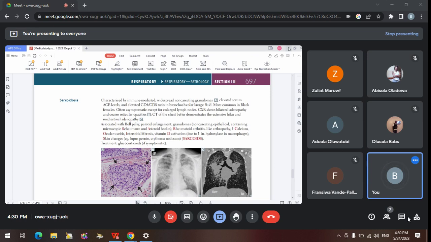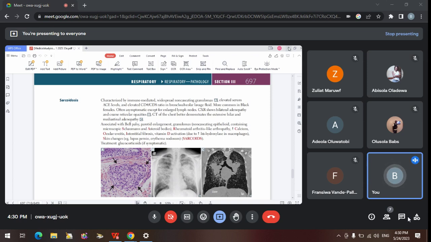So, it's a chronic inflammatory disease that is associated with formation of granulomas because it typically involves the activity of the CD4 cells, that's the T-helper cells, and the macrophages, with little or no activity of the cytotoxic T cells.